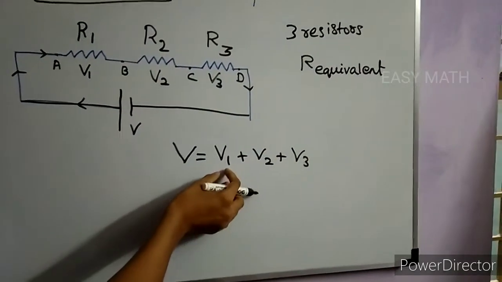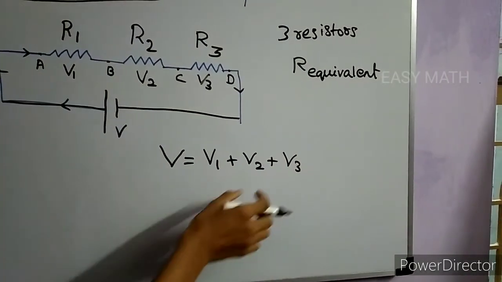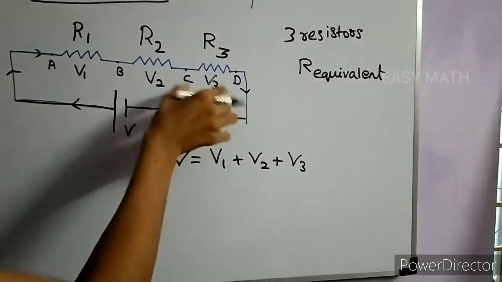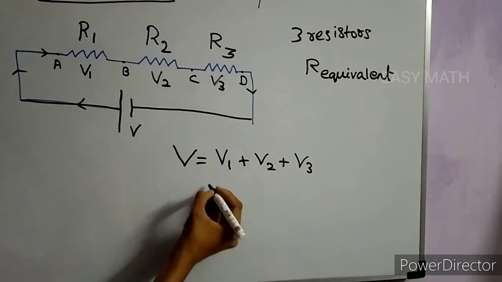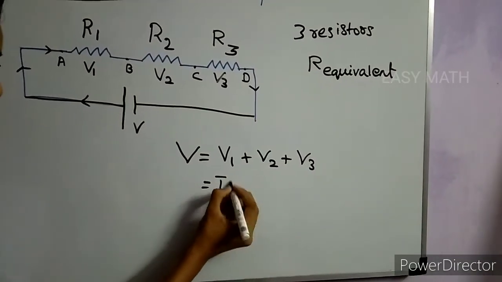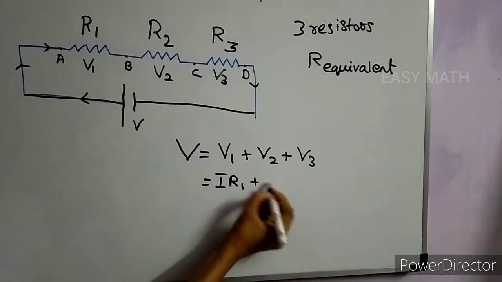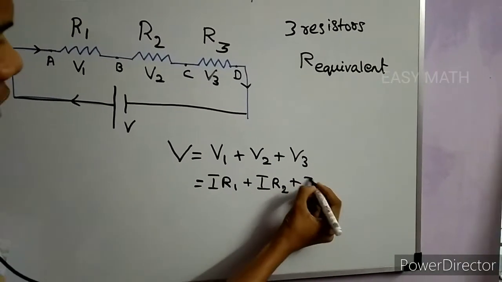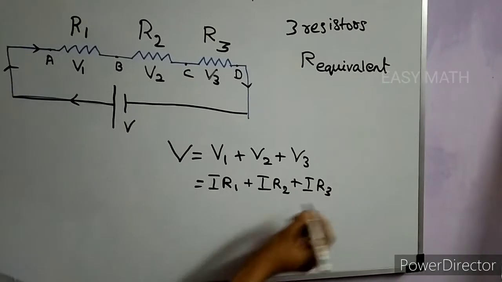V1 is the potential drop across AB, V2 is the potential drop across BC, and V3 is the potential drop across CD. V1 is equal to IR1, V2 is equal to IR2 and V3 is equal to IR3. This we know from Ohm's law.